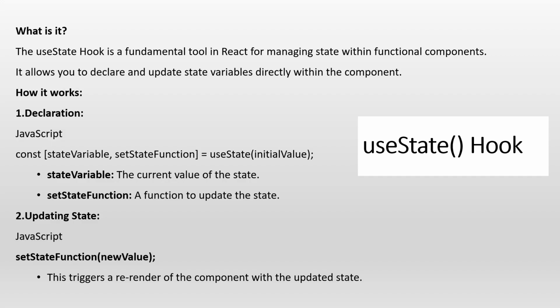So let us understand what the useState hook does. The useState hook is a fundamental tool in React for managing state within functional components. We have written some kind of function. I will explain in a different way.